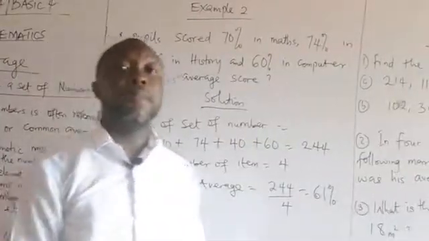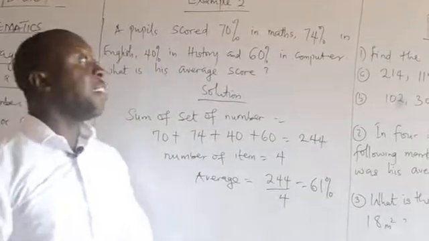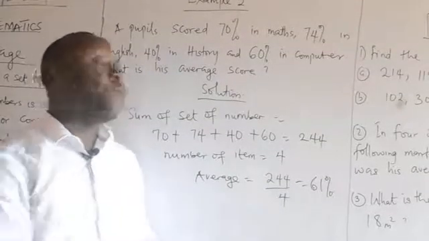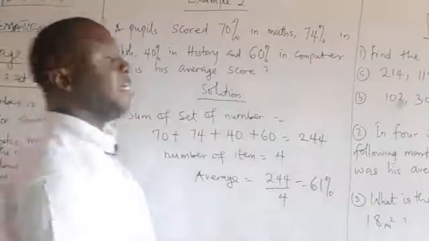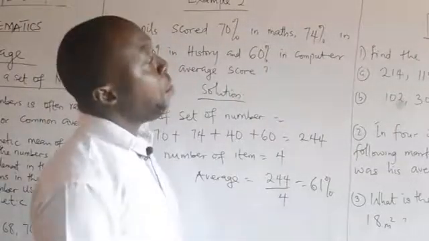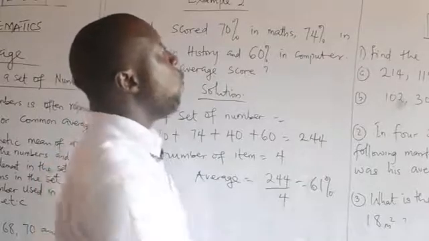So we have a practice exercise. You are expected to practice this exercise on your own. If you follow the example on the board, you should be able to solve it. So let me read the practice exercise. Question 1.